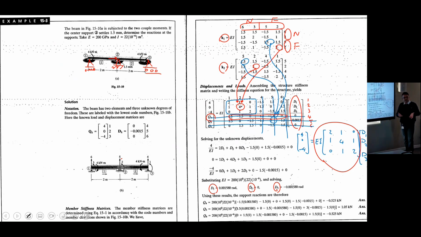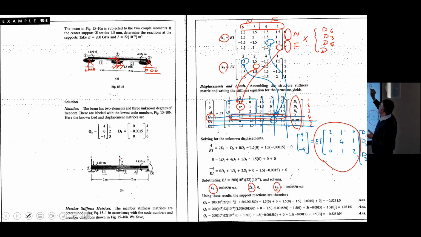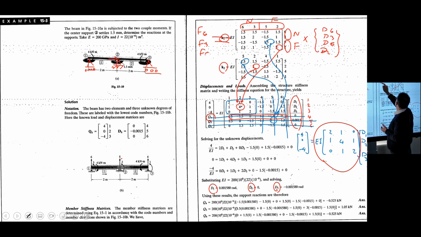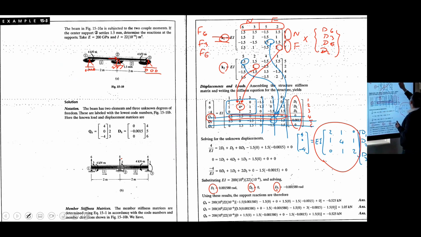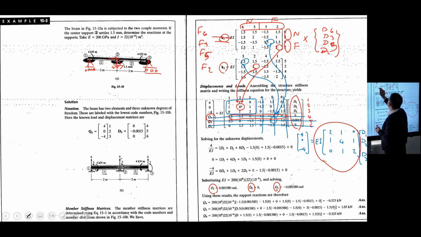If you are interested in calculating the internal forces of each element, you should go further back to these 2 matrices and say, okay, this matrix multiplied by D6, D3, D5, D2, I'm just following this order, will be F6, F3, F5 and F2.